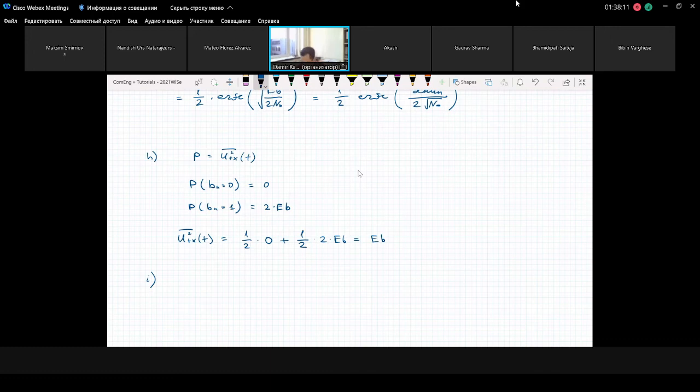So let's go further. Now we need to draw the energy spectral density of psi1 of f, and we're going to start trying to find the correlation of the transmit signal.